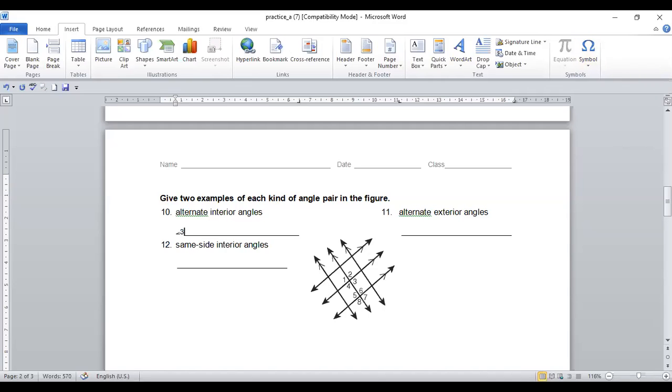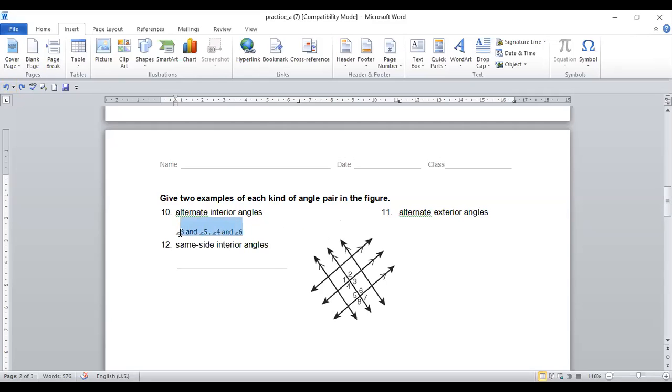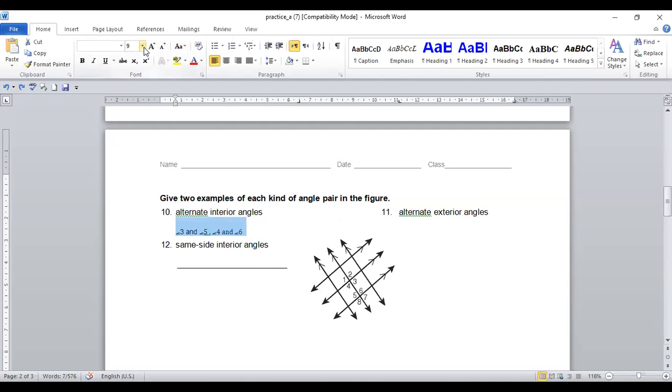So you have to write angle 3 and angle 5, and the next pair is angle 4 and angle 6. So these two are the examples which you have to give. Basically they want all the pairs, that's all.